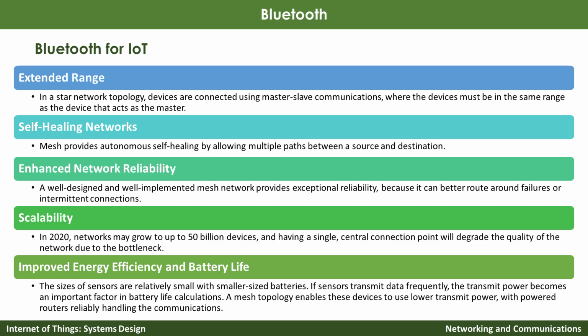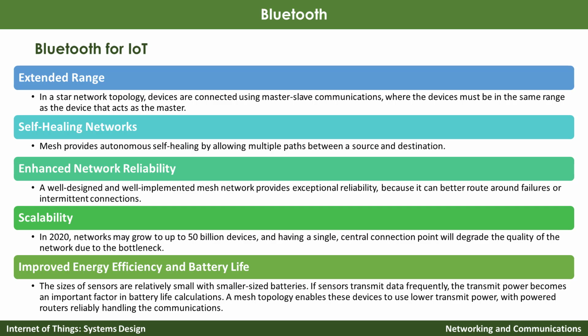Therefore, devices in a house can reach a node which has internet capability by passing data through different nodes. If one particular node is not available, Bluetooth can enhance the network reliability. As I said, if one node fails, the devices or appliances can find another node to reach the designated internet capable node.